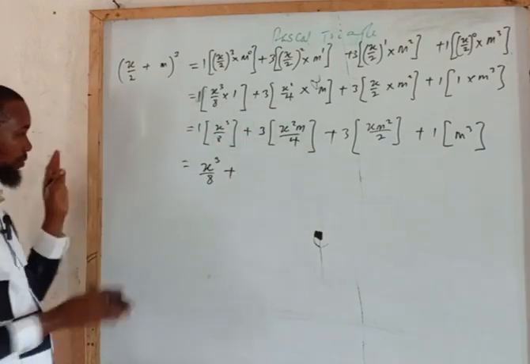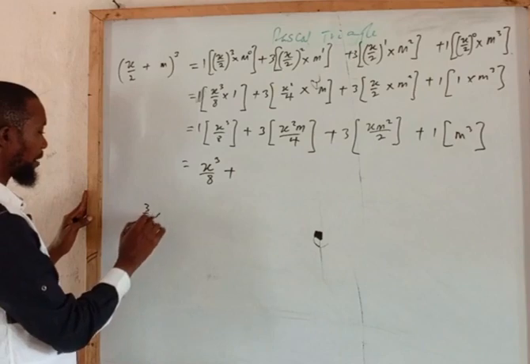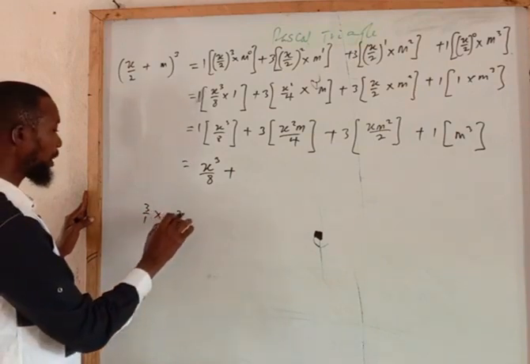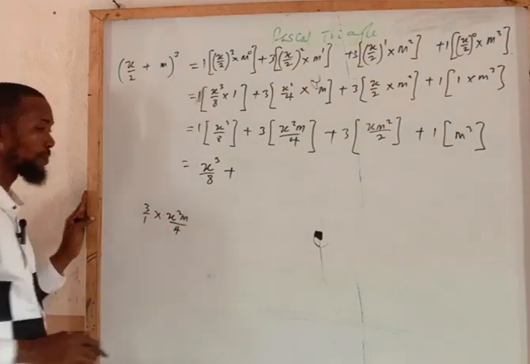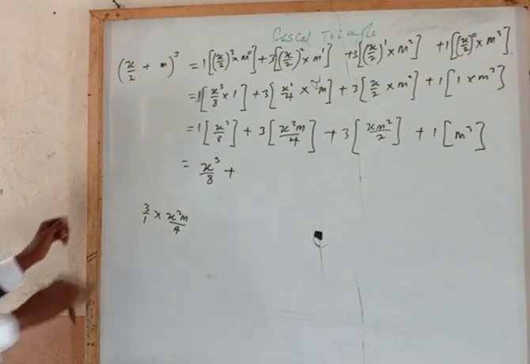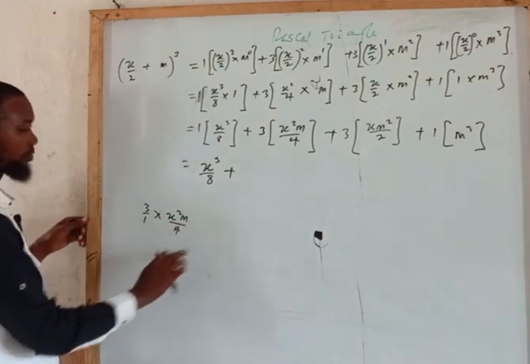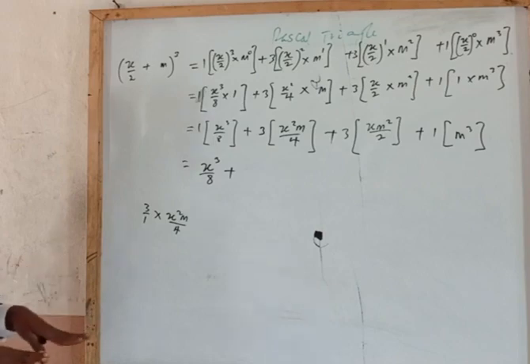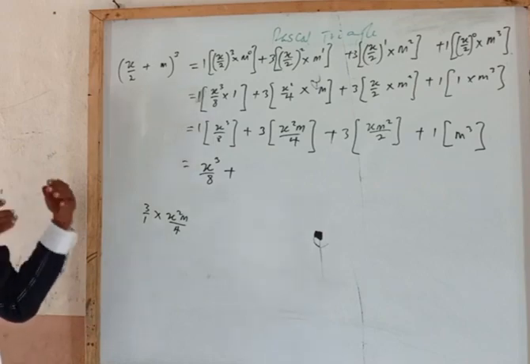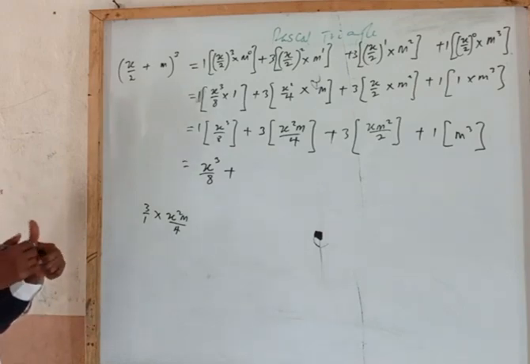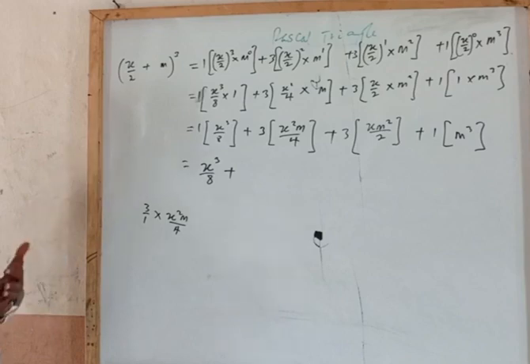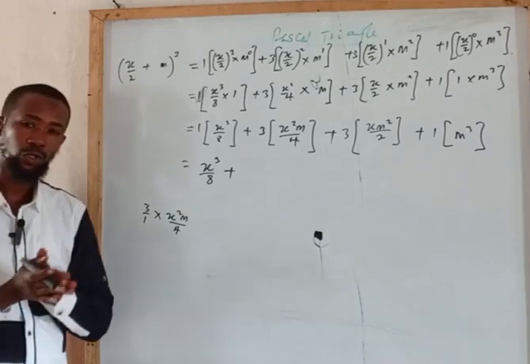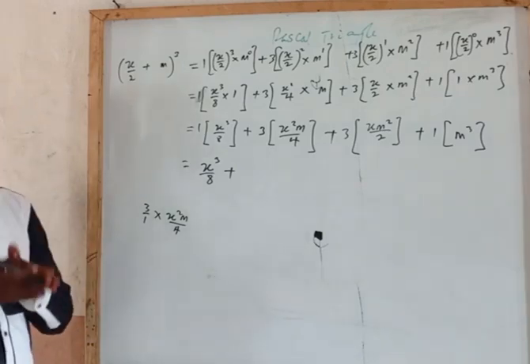So this stuff here is the same thing as 3 over 1 times x squared m over 4. I hope that is taken. Now, we multiply the numerator, we multiply the denominator. I want us to get it fully from scratch, so that by the time it gets to the complex aspects, remember I've told you, everything we are going to meet in this short course is not difficult.